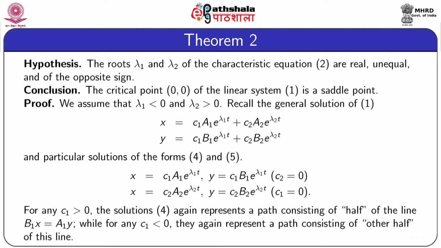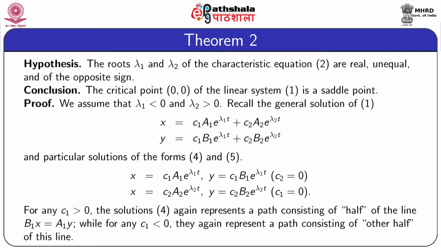Our general solution of 1 is taken as x equal to c1 a1 e to the power lambda 1 t plus c2 a2 e to the power lambda 2 t, and y equal to c1 b1 e to the power lambda 1 t plus c2 b2 e to the power lambda 2 t.